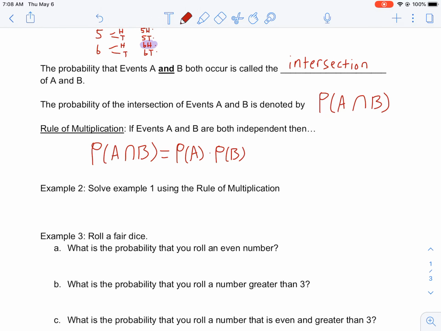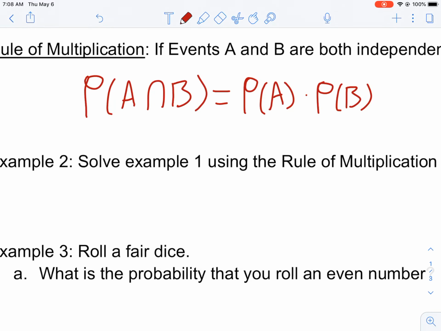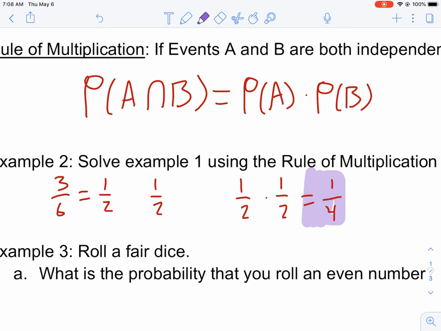So if we solve example 1 from above, the probability of rolling an even number we've already said is 3 out of 6 or a half. The probability of flipping heads is also a half. So if we do a half times a half, we get a fourth. And that was our answer from above.